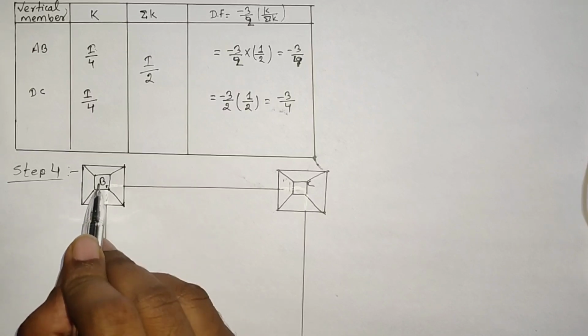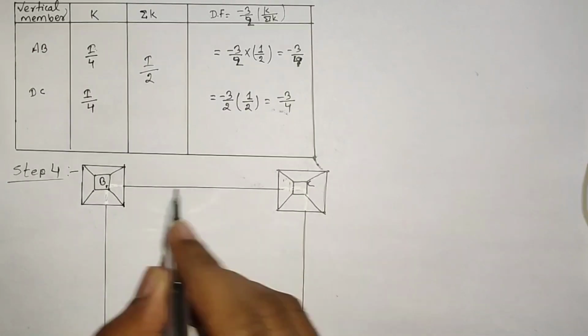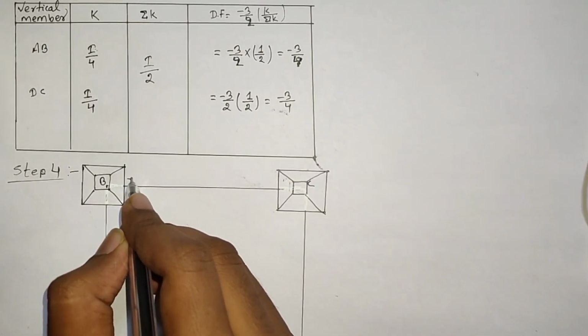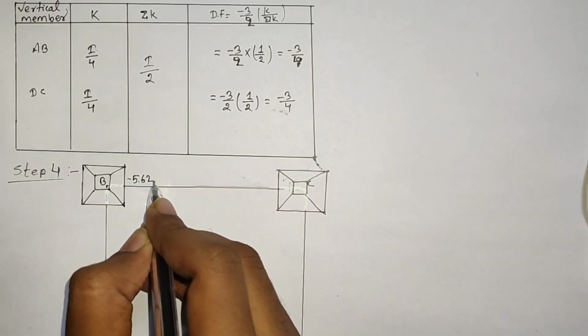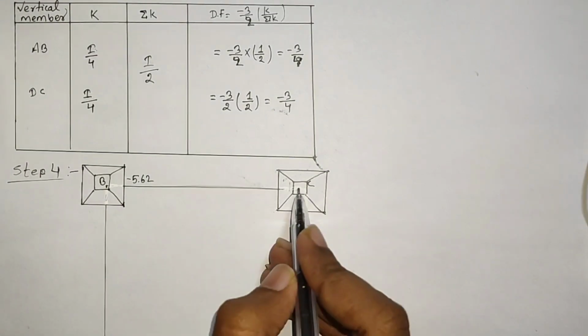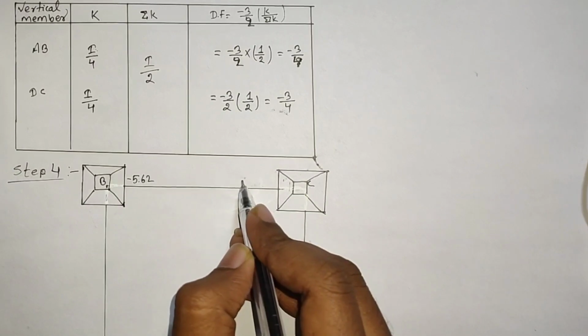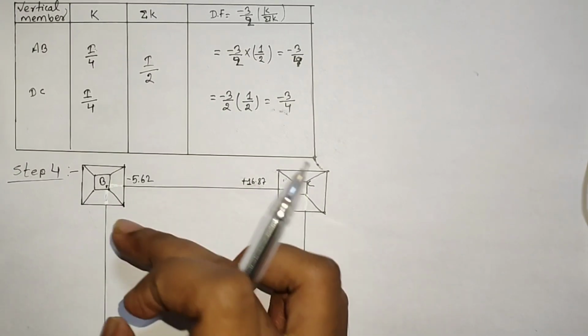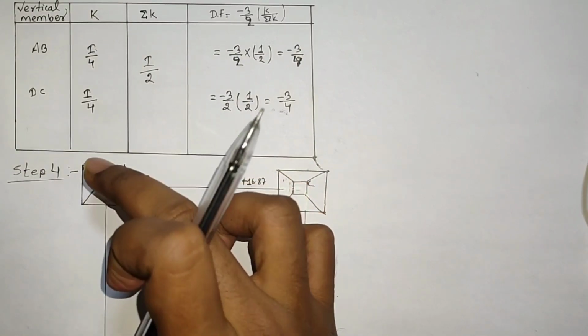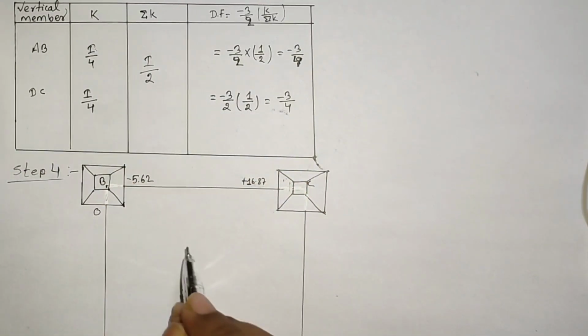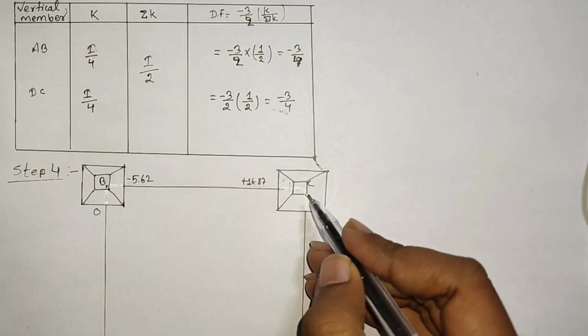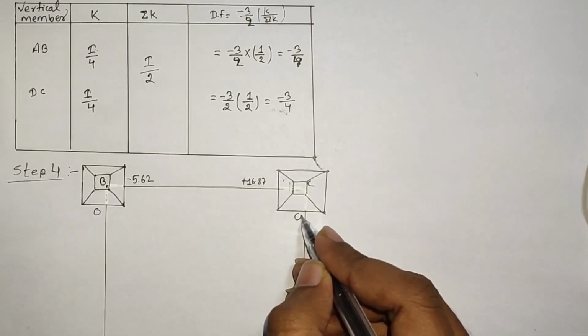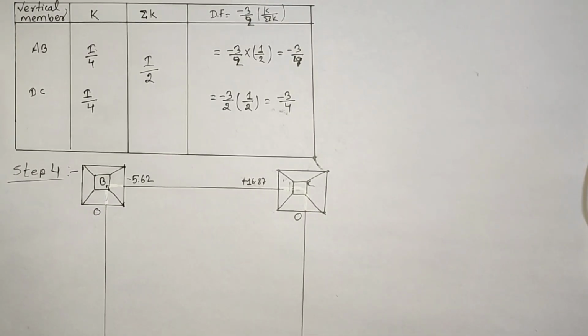We have calculated the fixed end moment of span BC as minus 5.62 kilonewton meter, and of span CB as positive 16.87 kilonewton meter. Similarly, the fixed end moment of BA is 0, and that of CD is also 0.